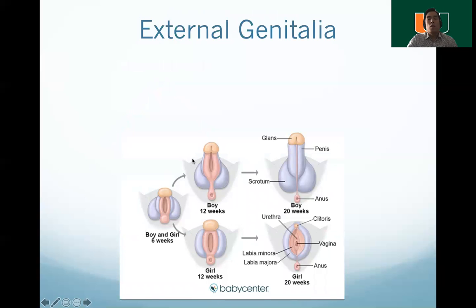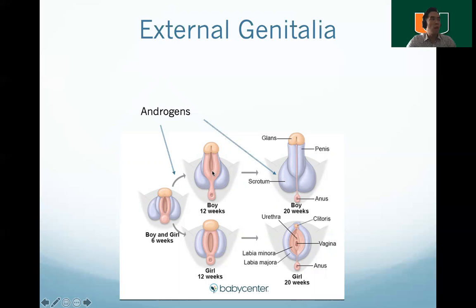So this is a simple diagram of external genitalia formation, right? In utero, very early, at 6 weeks, you have a big opening and a structure that will become the phallus, right? With exposure to androgen, what I remember is that androgen always closes from posterior to anterior, right?